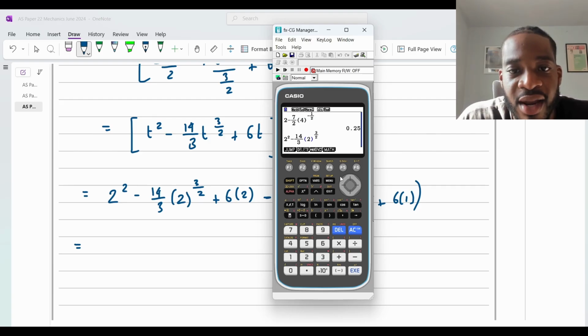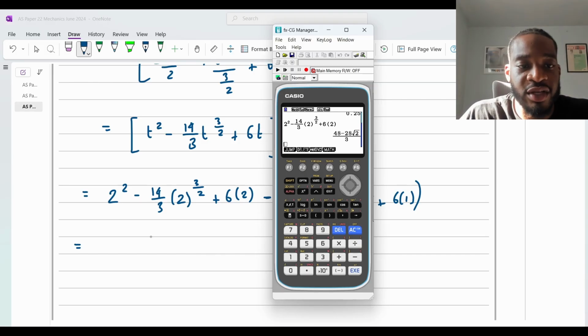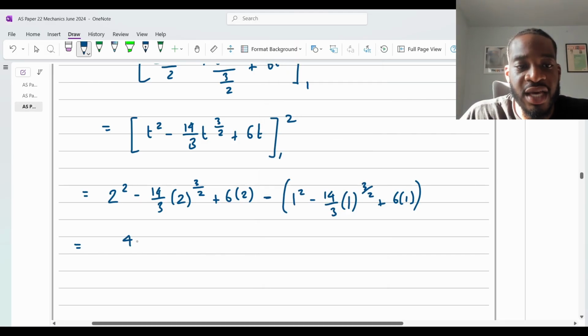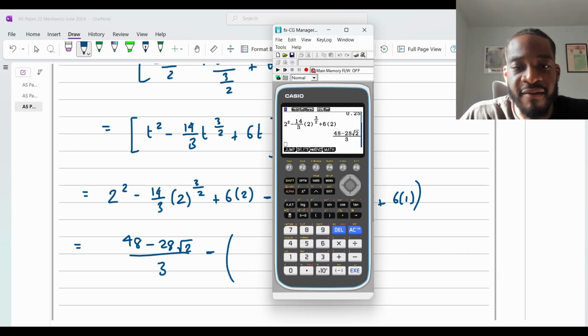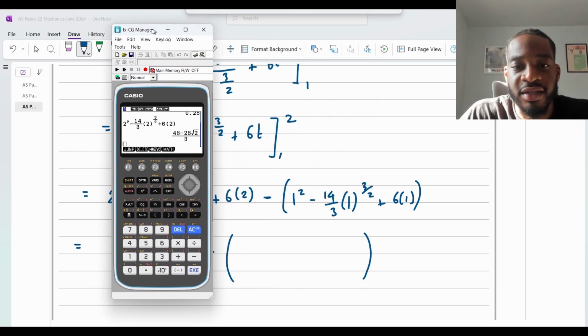And then plus the 6 times 2. And it gives us that there, so it does it for us, which is great. So it's going to be 48 minus 28 root 2 over 3. And then minus, and then this one is going to be, let's have a look here.